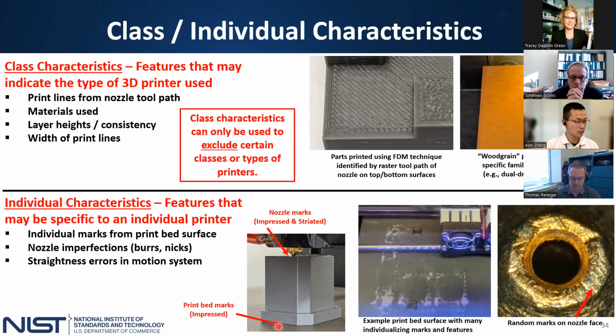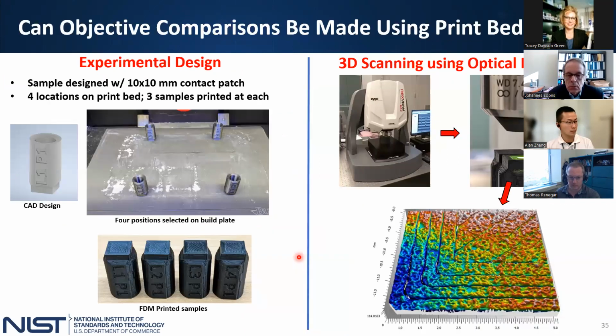The random surface topography of that plate could be transferred to the bottom surface of the printed part. You can also get individual characteristics from nozzle marks, which could be impressed or striated as the nozzle is moving across those top or upward facing surfaces. And there are a number of other areas as well where you may end up with individual characteristics.